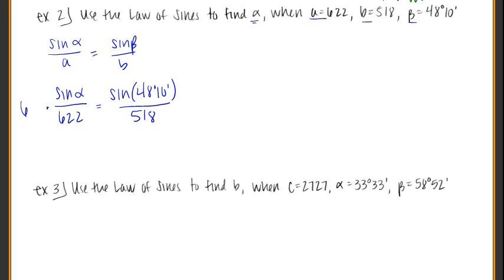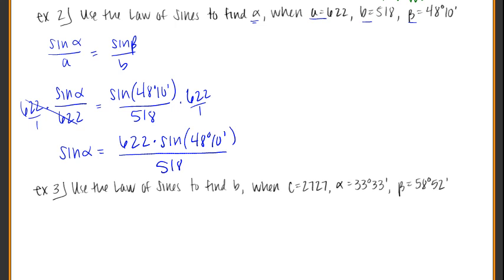Finishing this out just like before, let's multiply both sides by 622, so that cancels that out over there. And sine of alpha is going to be 622 times the sine of 48 degrees 10 minutes divided by 518. So to get alpha by itself, we're going to do inverse sine of that big fraction.